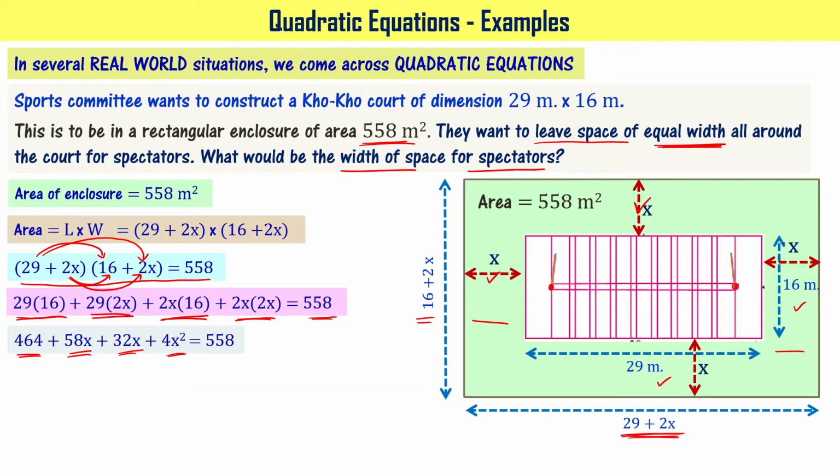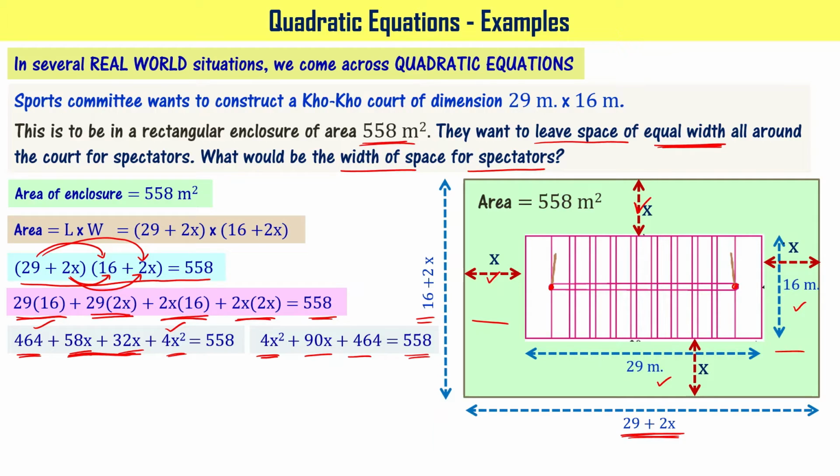We can further simplify this equation by summing these two terms, right? When you do that, you can write the equation as 4x square. I have written this one first, so that the equation will look similar to ax square plus bx plus c equal to something, right? Now 58x plus 32x is 90x, and 464 I have written as is, that is equal to 558.